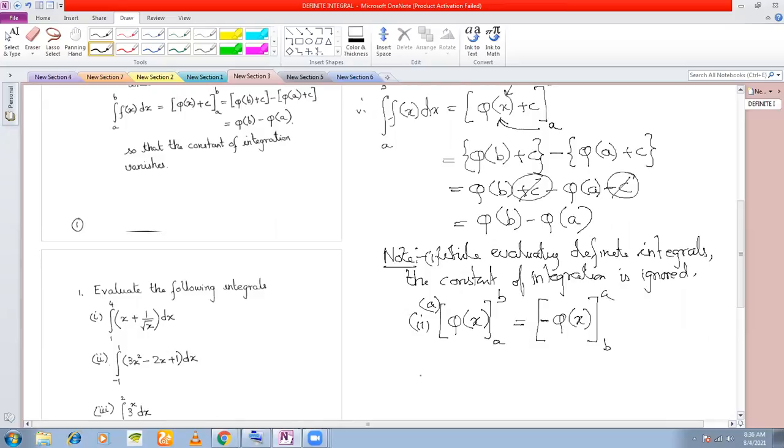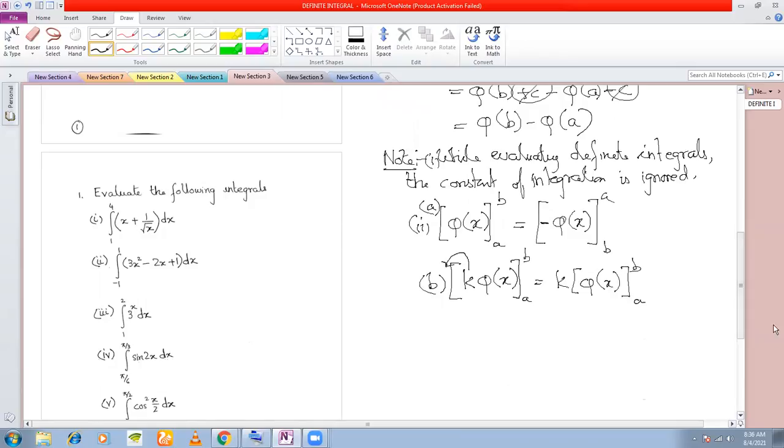Remember this. Next, if you have any constant k times phi(x) and you are evaluating between a to b, then you can take this constant out: k times phi(x) from a to b. Remember, we will be using these two.